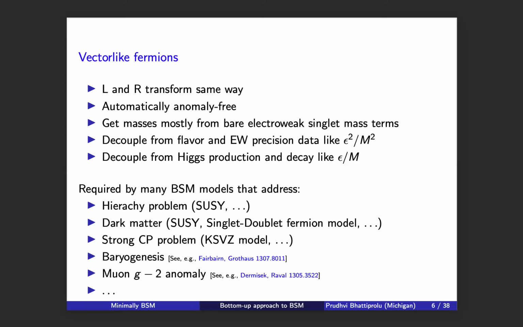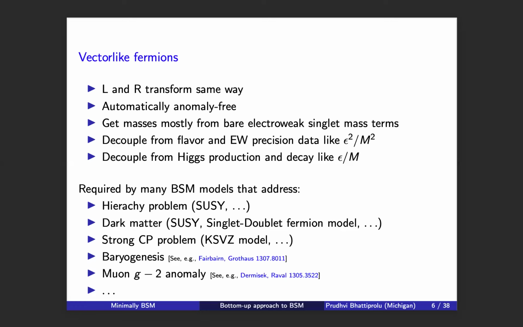The left and right transform the same way, so I can write a Dirac mass term and there are no issues with that. Unlike the chiral fermions, where you need to have a Higgs coupling in order to get the mass. I see. So there is no issue in writing a Dirac mass. Okay, thank you.